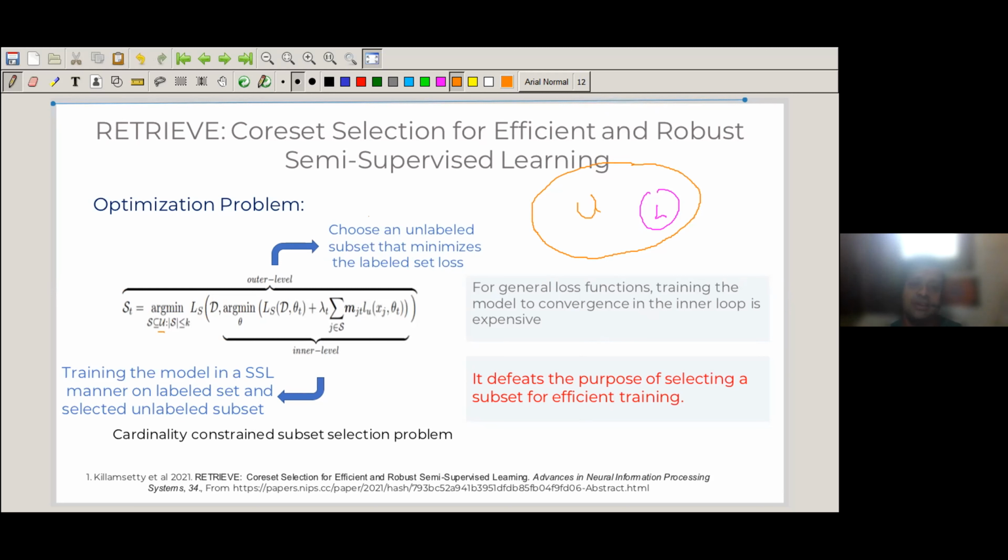Again, as in the case of Glister, training the model to convergence in the inner loop is expensive. So what can we do? Again, as before, we can resort to two things. We can do a one-step gradient approximation, and we can also use Taylor expansion.